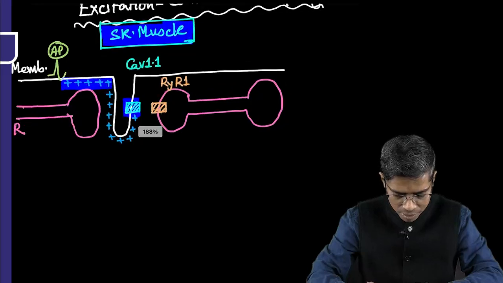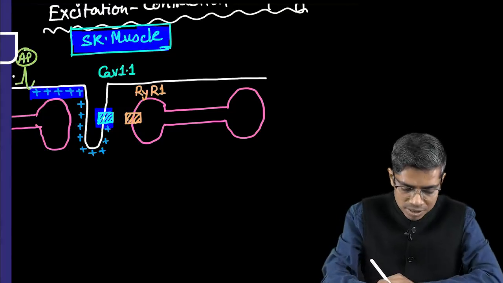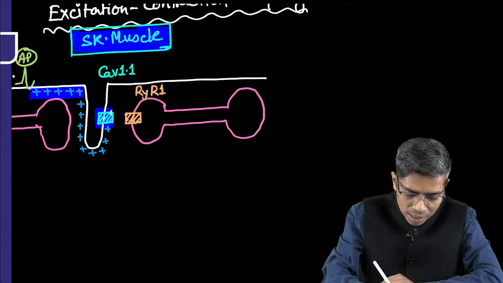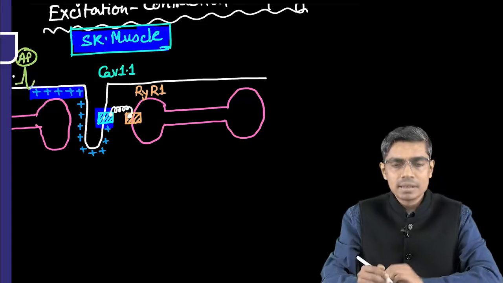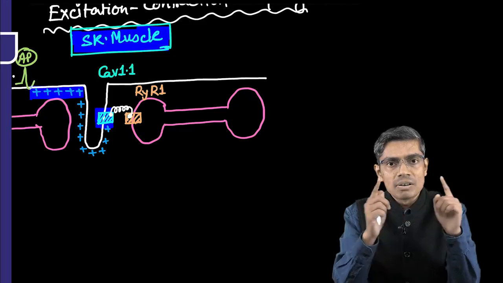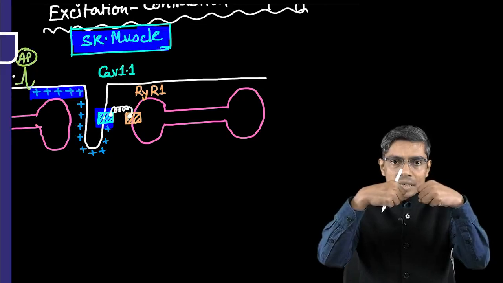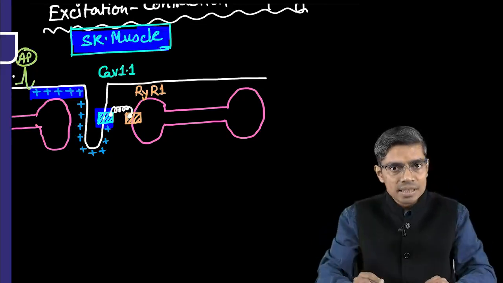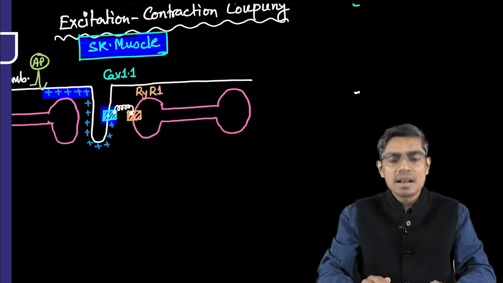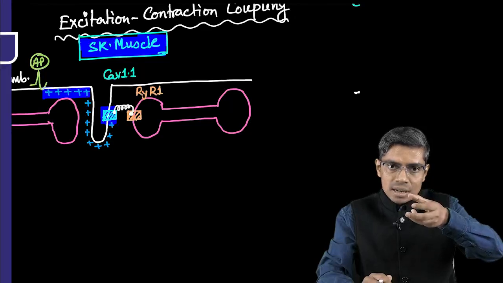Again I am repeating. Whenever this DHPR is activated, the conformation of this DHPR will change. One arm or one part of this DHPR will be extended from here to the RYR, and the two will interact mechanically or physically. Because of this interaction, the RYR channel will be twisted a little bit.